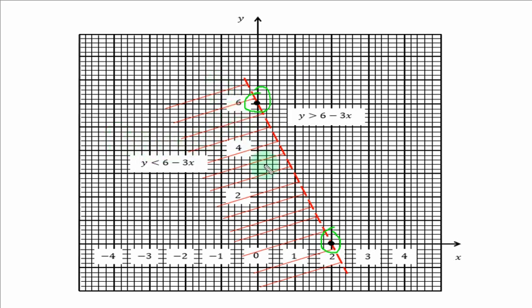So you shade the region to the left of the s axis, or the region below, because you have y less than 6 minus 3s. It follows that this part you have here is y greater than 6 minus 3s. But this is the part we are interested in, by the given symbol of inequality.